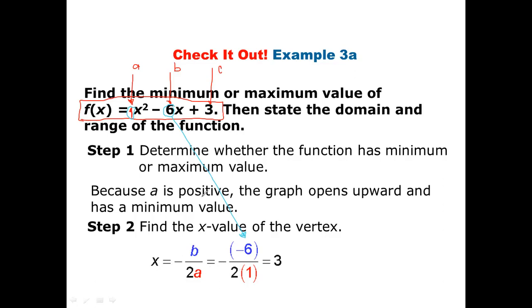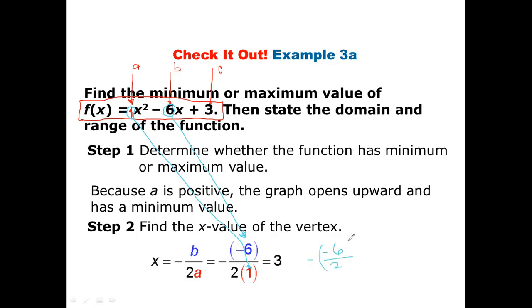And we said a is 1, presumed to have 1, since it is 1x squared. So we have negative 6 over 2 times 1, which is negative 6 over 2.